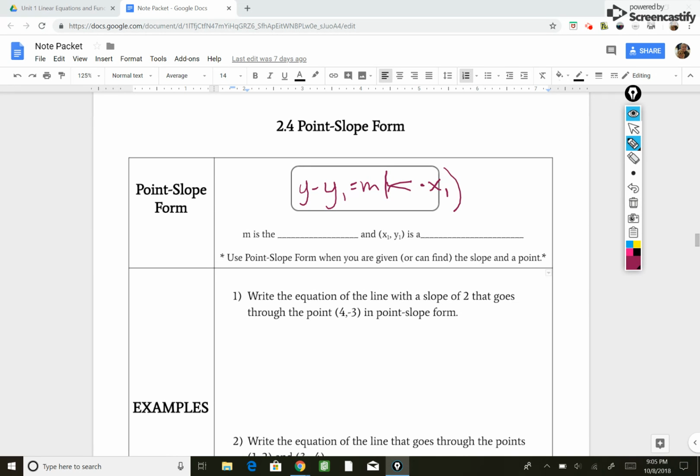You will get this equation, you get it on Keystones and everything. So m is still your slope, and then the y1 and the x1 is a point. So we use this when we can find the slope and a point.